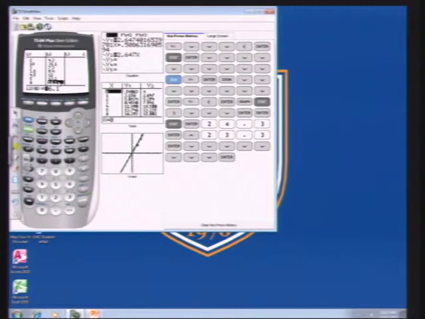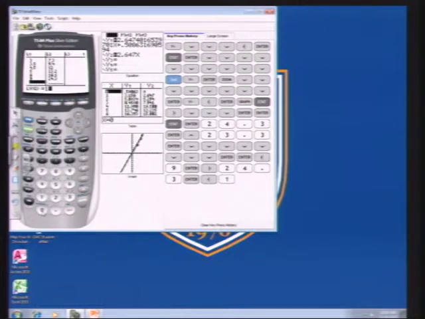So while I'm getting the line of best fit on these, I'm going to also go ahead and put in the large specimen that I didn't look at on the stat plot.